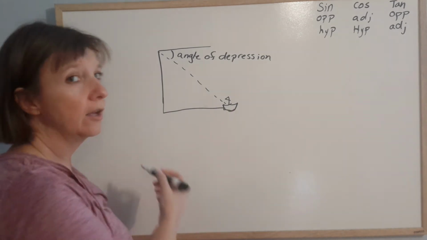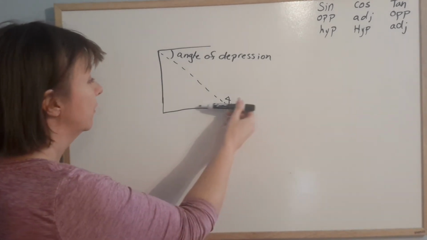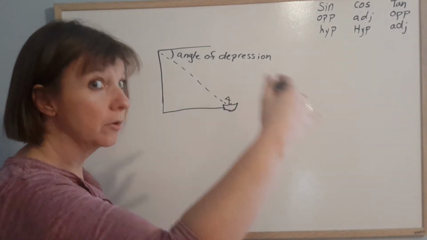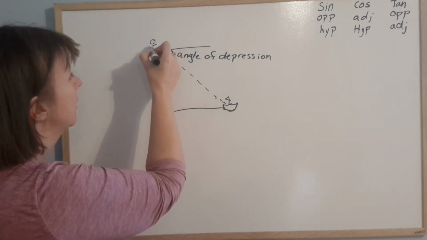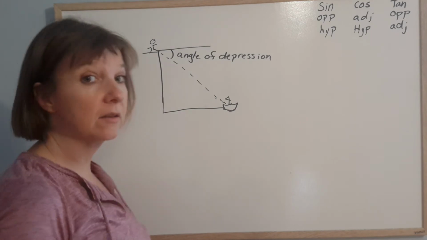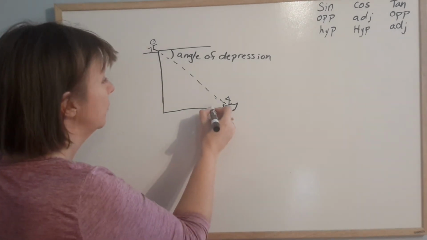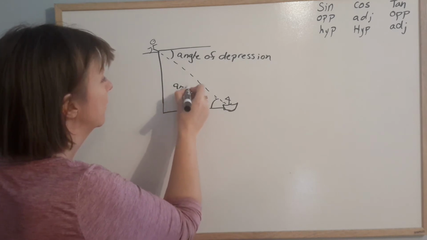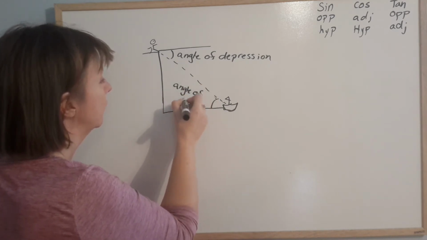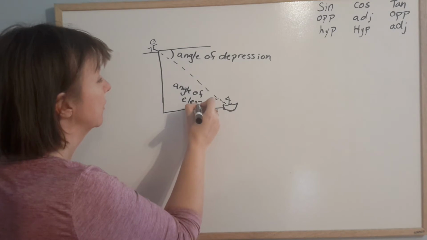If he looks straight across, that's just him looking straight out. But if he looks up to see me standing on the cliff, the difference between looking straight and looking up, that is the angle of elevation.